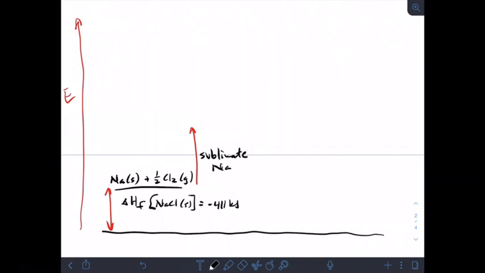I'll call it delta H1, and it is plus 107 kilojoules. So that's my step one.